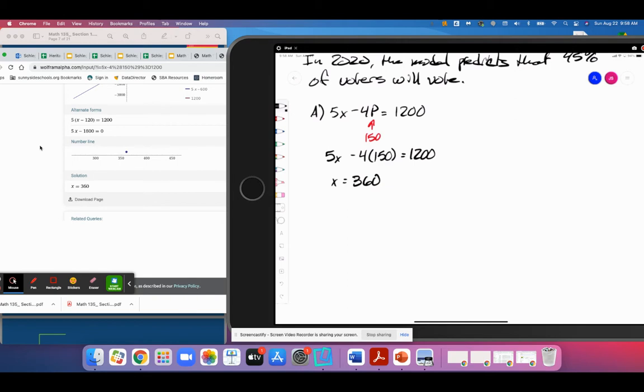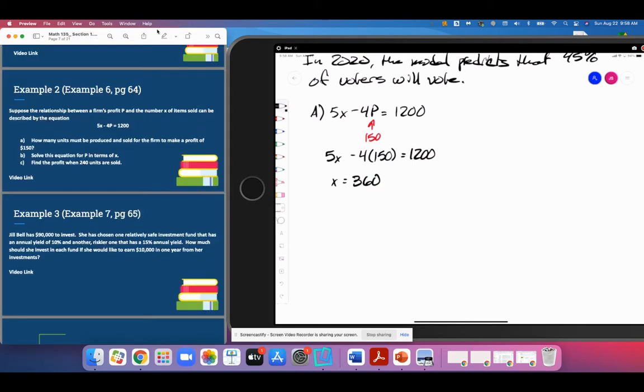And again, remember, folks, numbers in this class mean something. So that 360, bringing back the question here, how many units must be produced and sold for them to make a profit of 150 bucks? So the answer here is they must sell 360 units.